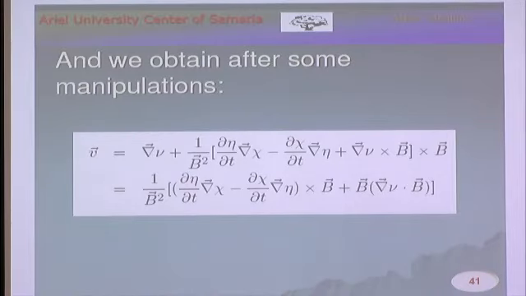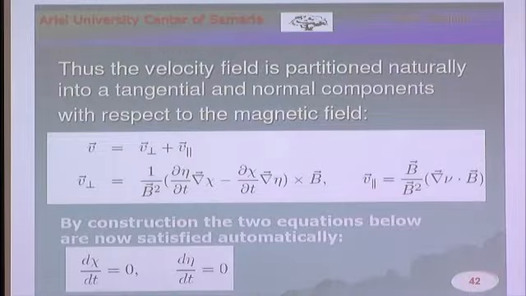Now, what we see here is that the velocity field is partitioned naturally into tangential and normal components with respect to the magnetic field.